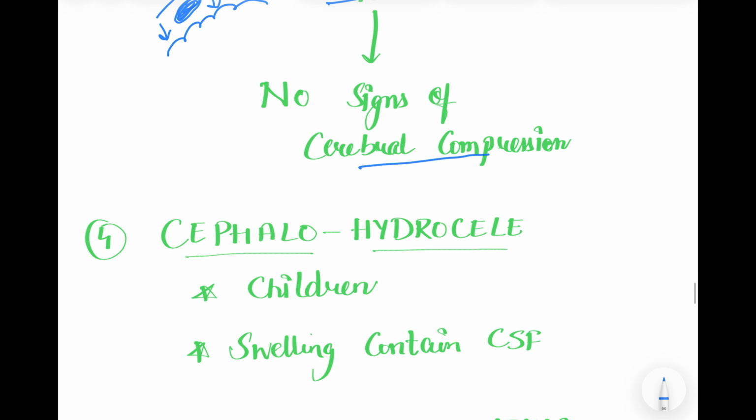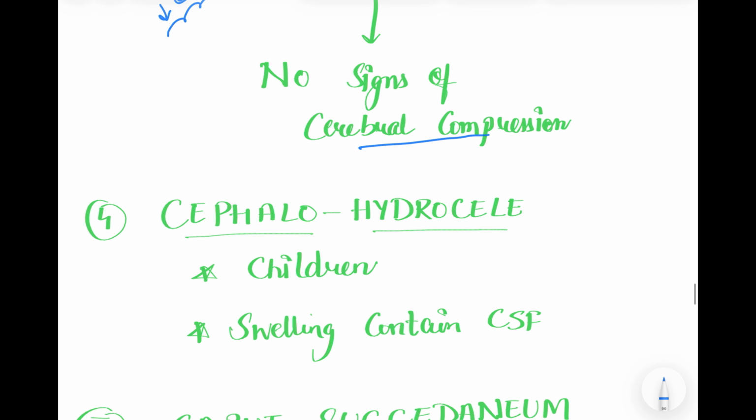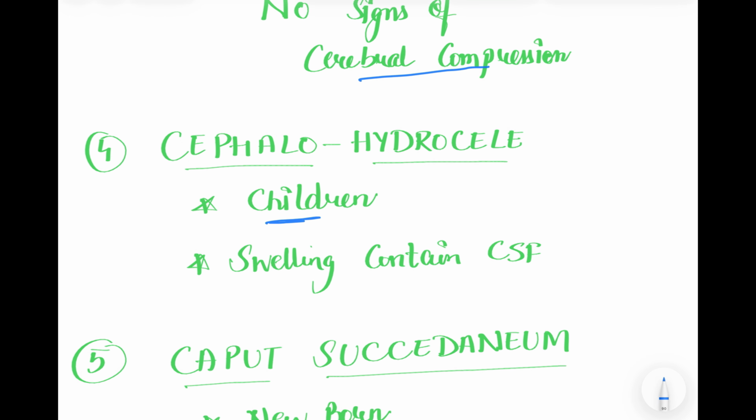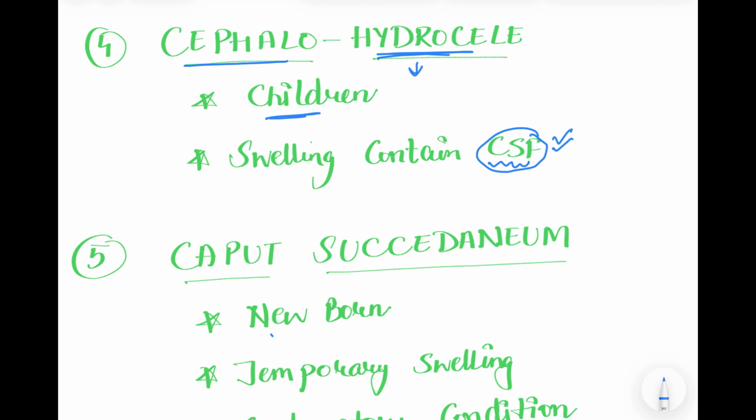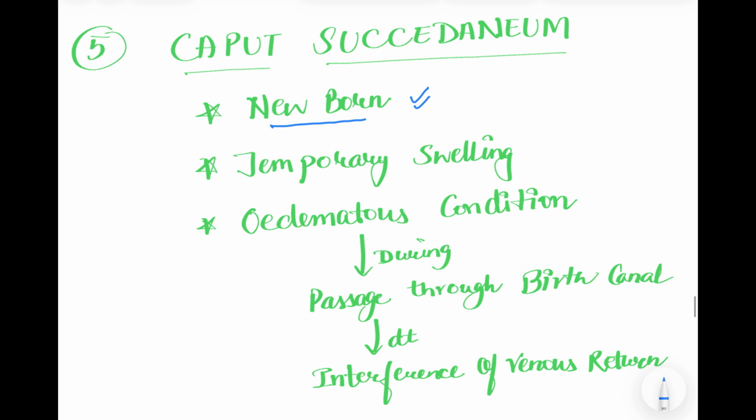Now another applied aspect is cephalhydrocele, seen in children. Hydro means watery; it is a swelling which contains cerebrospinal fluid. Another thing is caput succedaneum. It is also seen in newborns whenever there is a normal delivery and the baby passes through the birth canal.